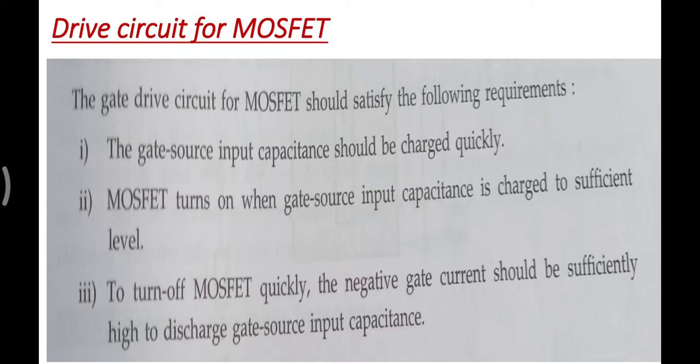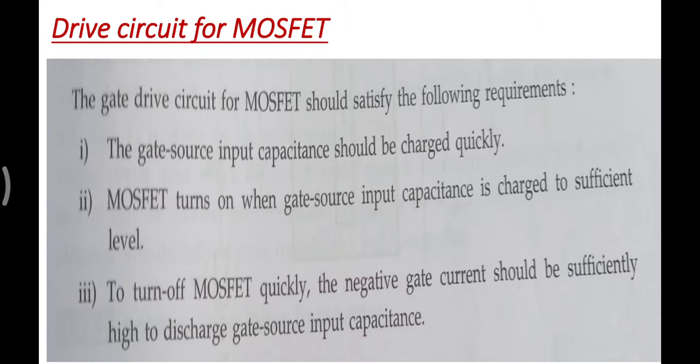That current must be sufficiently high to discharge the gate source capacitance. So the capacitor used in the driving circuit must have sufficient levels, that means it provides sufficient negative current to turn off the MOSFET. These are the three important points we have to remember while designing the driving circuits of the MOSFET.